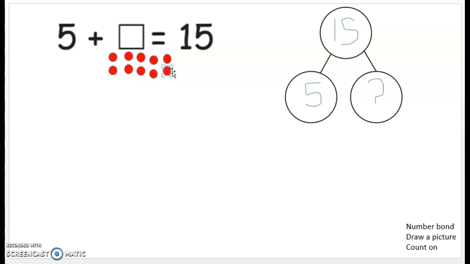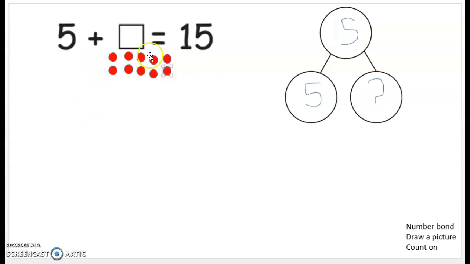Okay, and then we would ask, how many circles did we draw? How many marks did we make in order to get from 5 to 15? And when I make my marks, I put them in rows of 5 so that we could see we have 2 rows of 5, making 10. Okay, so that takes a minute, being able to go from 5 to 15 and draw out all those circles.